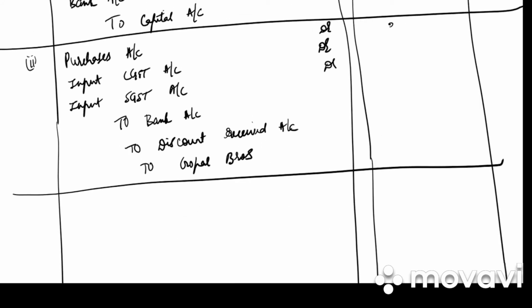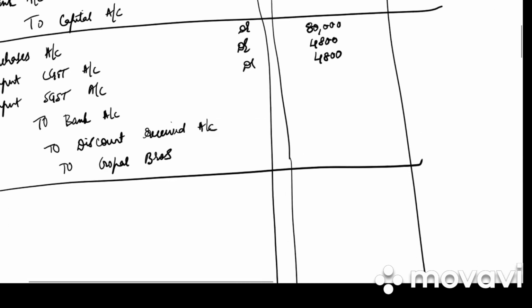It is 80,000, CGST 4,800, SGST 4,800. How much was given to the bank? 60%. So 51,072. Discount received is 2,688 and credit will be 35,840. Write down the narration.